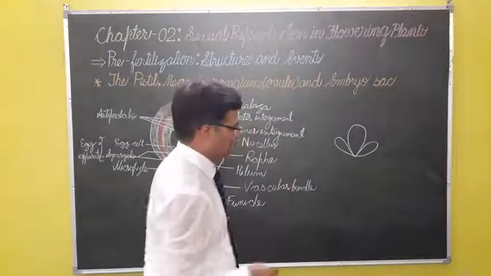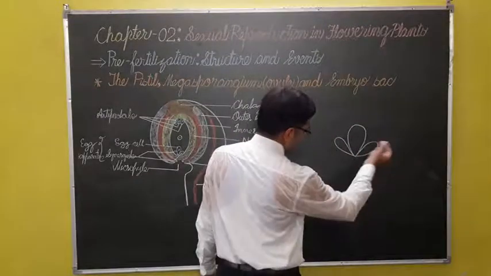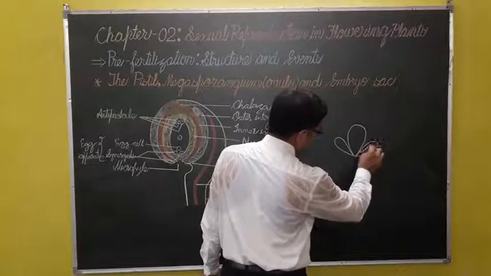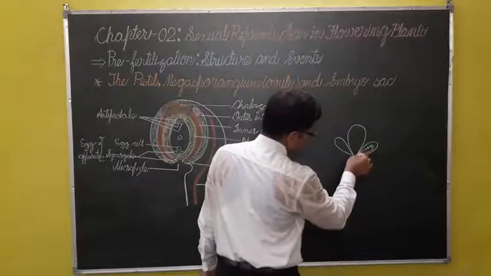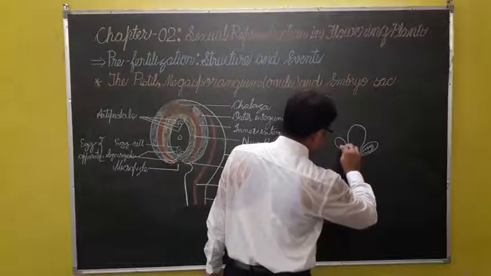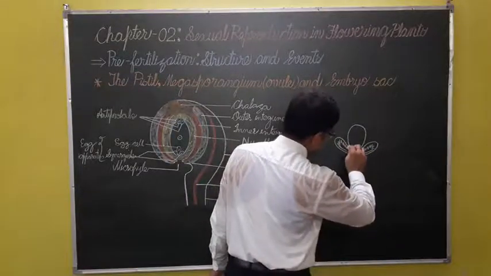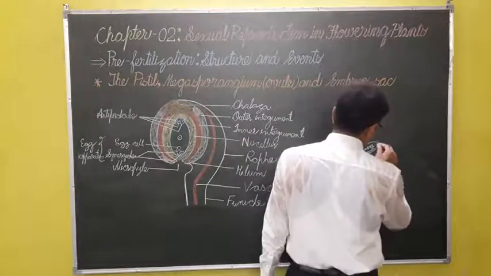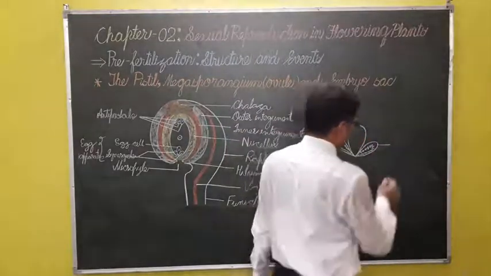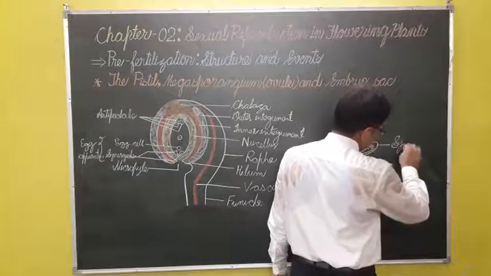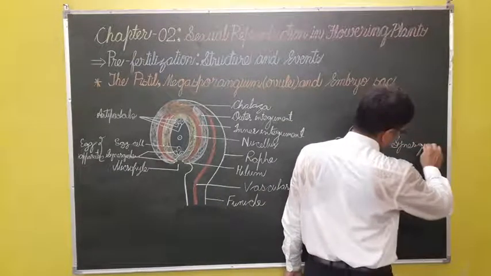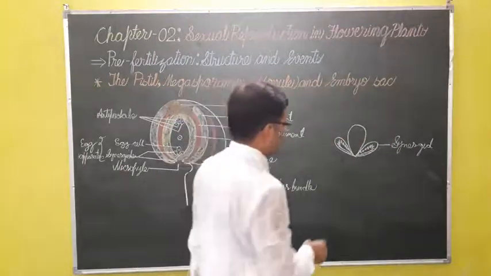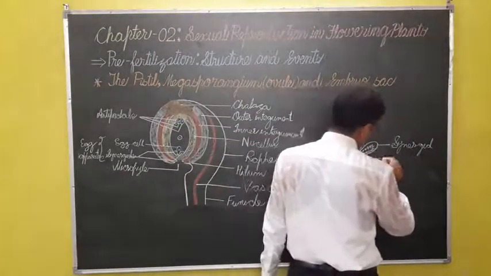And inside this, some cellular thickenings are found on the wall, which are called the filiform apparatus. These are actually found inside the synergids. So this is the synergid, and this is the filiform apparatus.